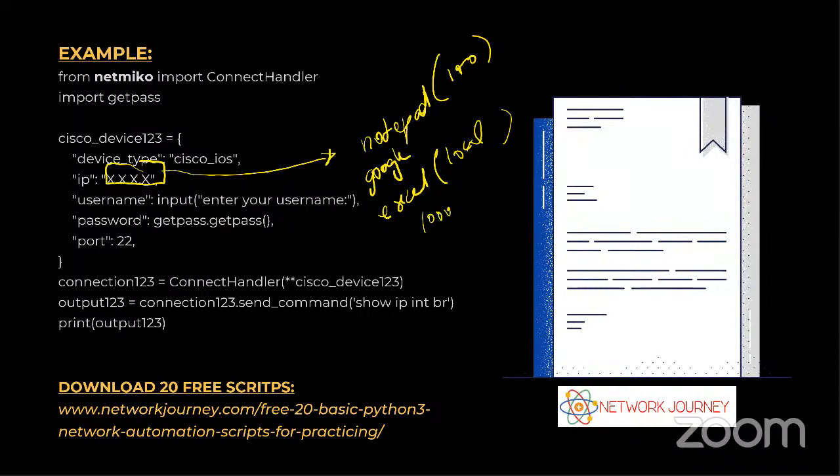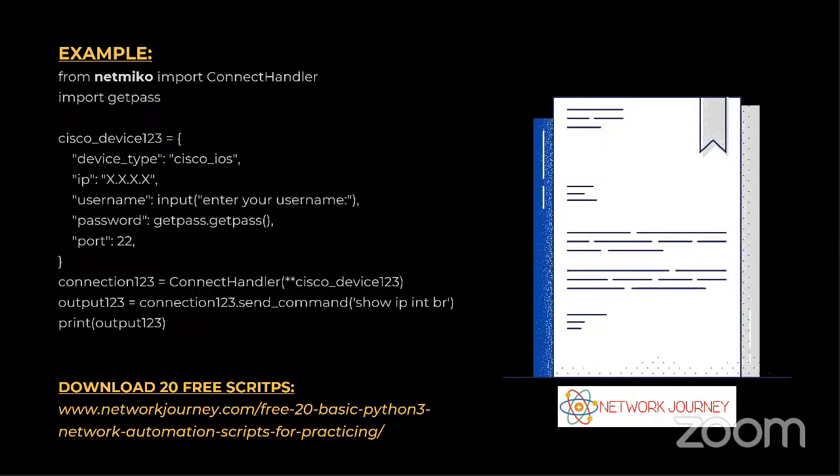And let's say you have thousands of IPs inside it. Yes, Netmiko supports a huge number of multi-vendors, at least 30 plus. So that makes Netmiko one of the most widely used.